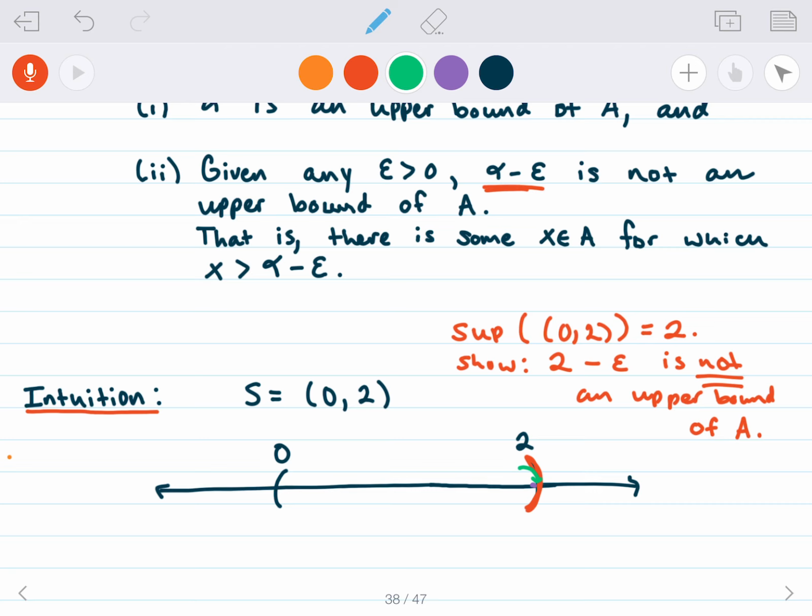But that's the idea here, is that no matter how tiny epsilon is, you're always going to find something in the set that's even bigger than 2 minus epsilon. Like, always. Okay? So that's the intuition here.